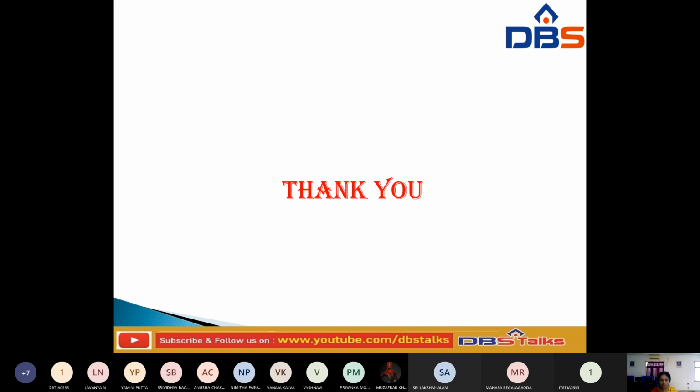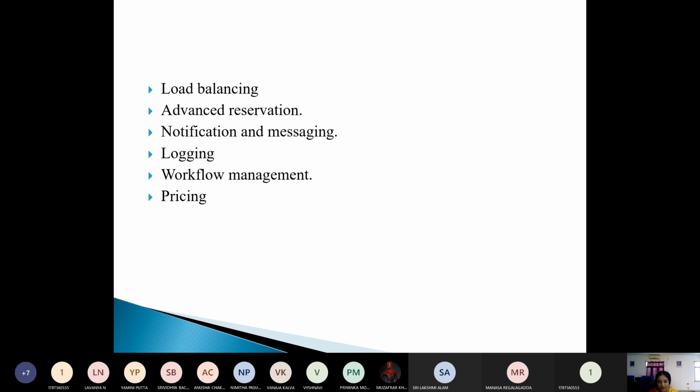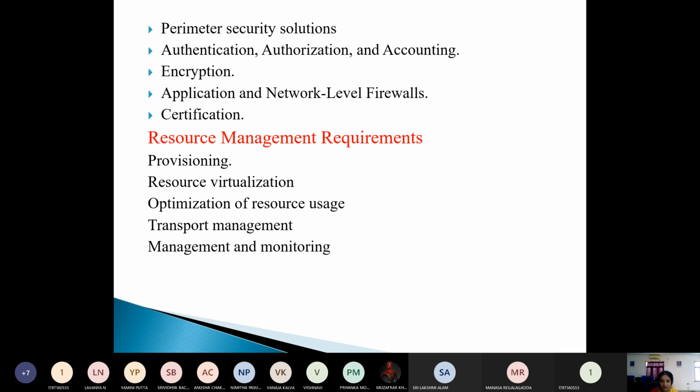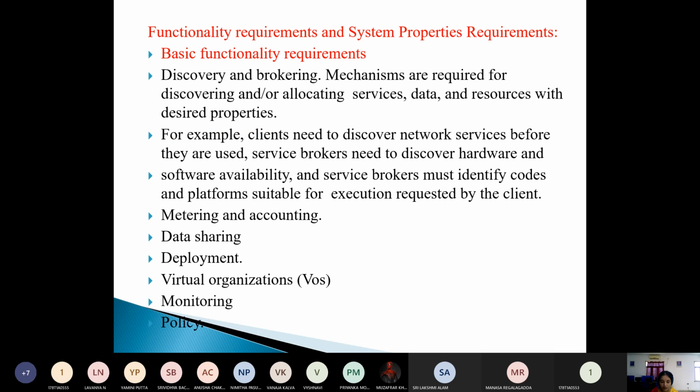Next, coming to the requirements, we have some basics, that is discovery and brokering. What is meant by discovery and brokering? Here, this is discovering. What is the use of discovering and brokering? In this we have a mechanism to discover and allocate the service, data and resources.